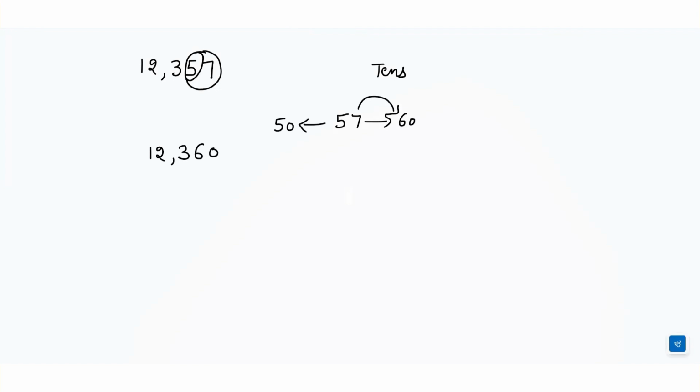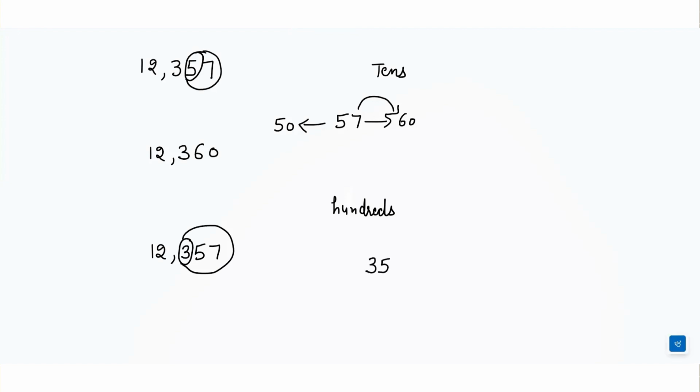12,360. Similarly, if I have to round off to the nearest hundreds, so for that I have to see the hundred place. So 12,357. So in the hundred place we have 3, and if I will see all the digits till hundred place, so it is 357.